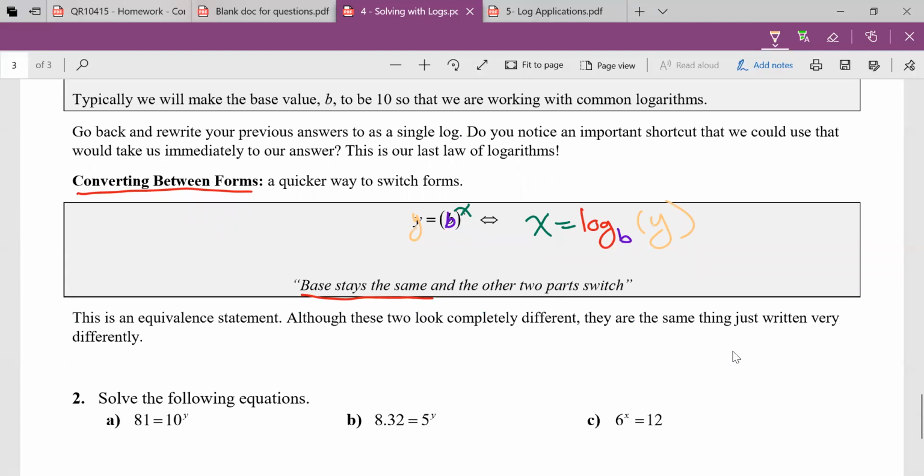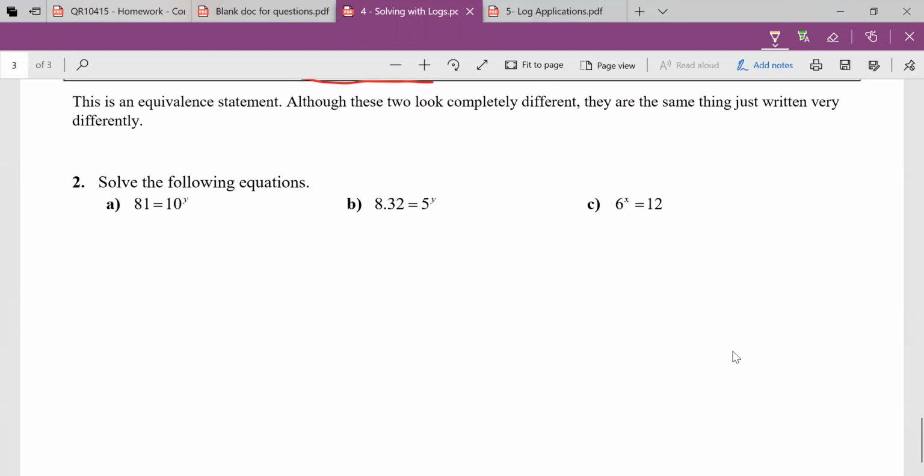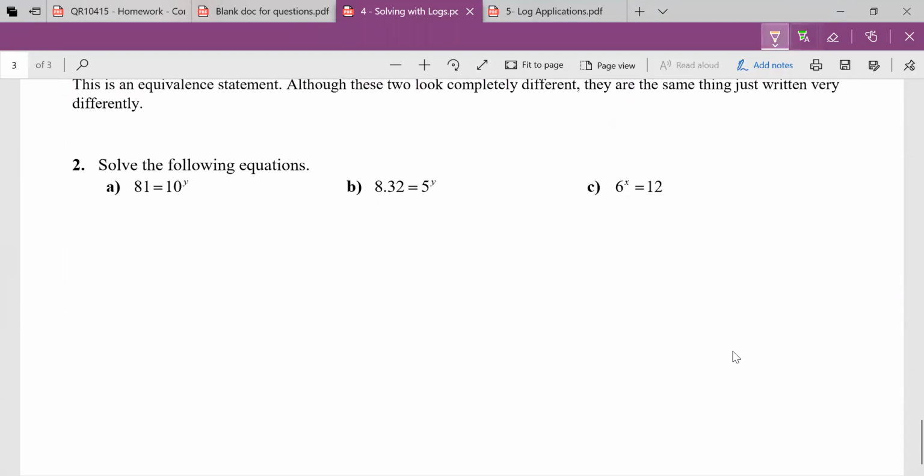So here we go. Let's see just how quick we can do these ones. Again, these were the ones from above, but let's just practice with them. What I say to myself is the base stays the same. So log base 10, the other two parts switch. So the y goes where the 81 was. The 81 is our argument.